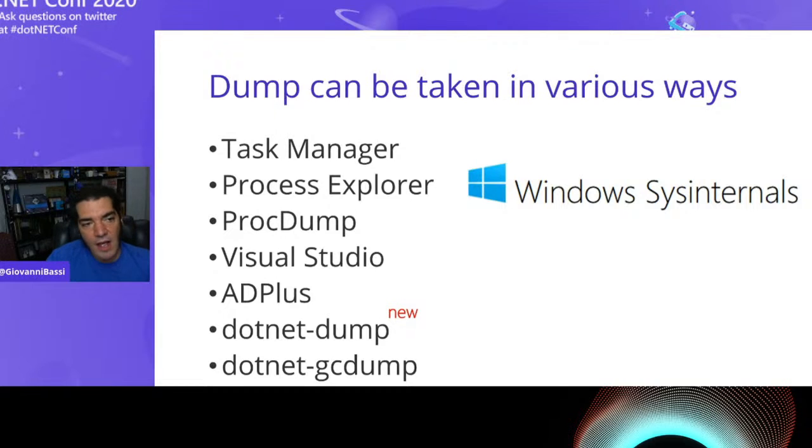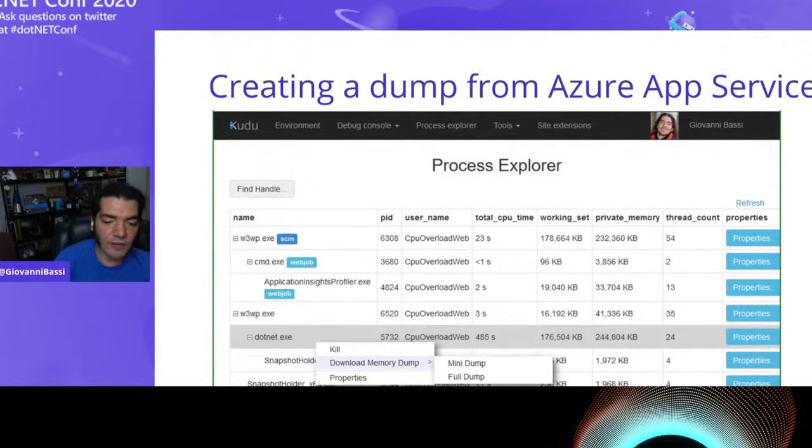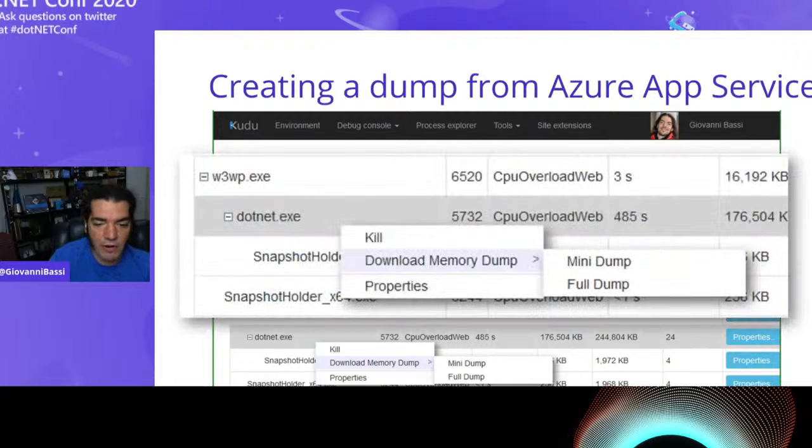and we'll talk about those two a little bit more. I just want to show you how easy it is also to do it on Azure. It's super simple. If you access the Kudu environment on Azure App Service, you can simply right-click on the .NET process or the exe process you have running there, and just request the memory dump. I recommend you usually take a full dump, which will be the size of the memory, because it's actually a map of all the memory, so be careful with that because it might be really big.